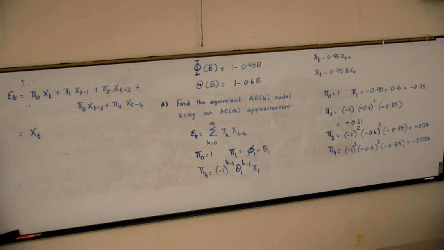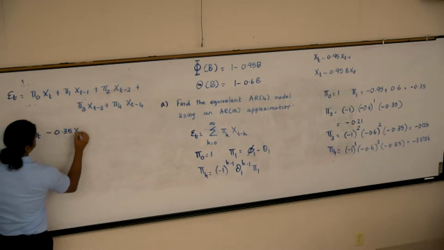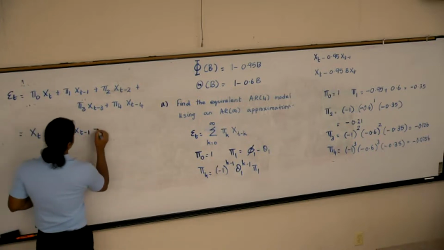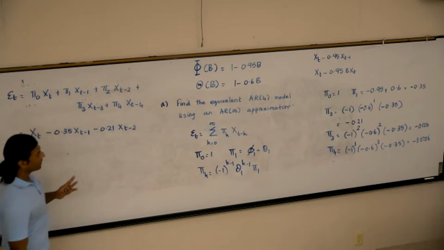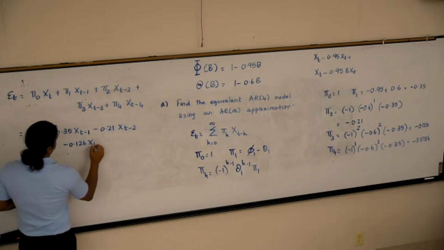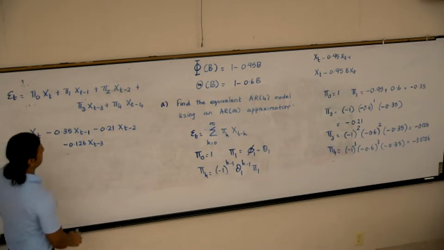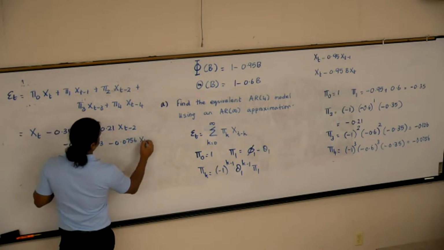Pi 0 is always 1, so we have x t. Pi 1 is minus 0.35, so minus 0.35 x t minus 1. Pi 2 minus 0.21 x t minus 2. Pi 3 minus 0.126 x t minus 3. Pi 4 minus 0.076 x t minus 4.